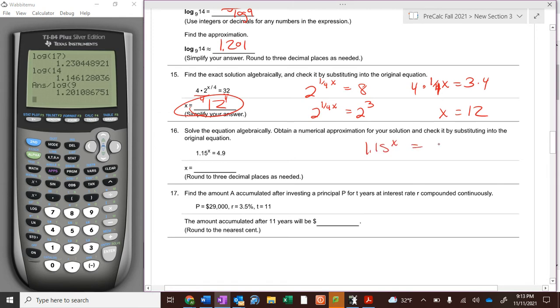Okay. 1.15 to the x equals 4.9. Take the log of each side. Then that x moves out front. X times the log of 1.15 equals the log of 4.9. Then divide by the log of 1.15.